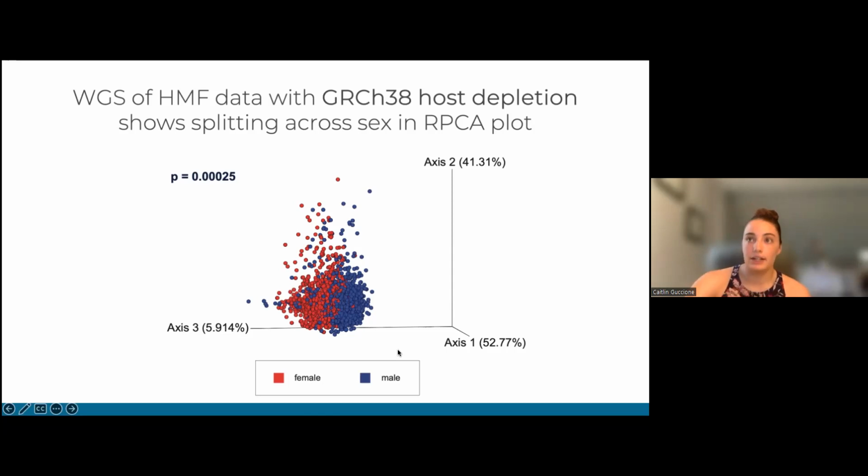And the first thing that I checked in this plot, flipping through, was the sex differences. Females versus males. And as you can see here, there is a very clear split between females and males. Almost all the males are over here and almost all the females are over here. And we can confirm this with the corresponding p-value, showing there's very clear differences between these groups.